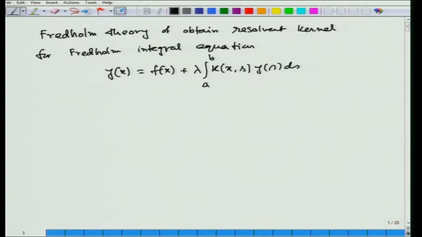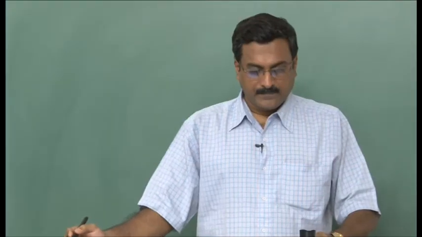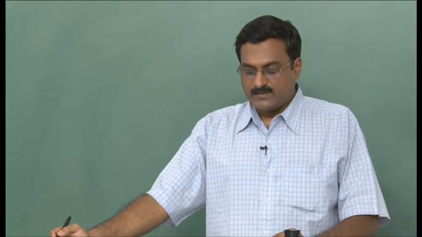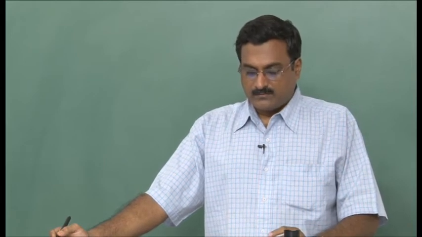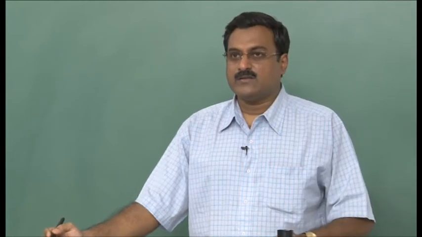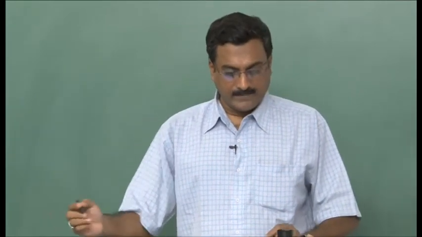Now, you can recall that we have already discussed other possible methods to solve this kind of integral equation, and also we have obtained the resolvent kernel to find the solution of this non-homogeneous Fredholm integral equation of the second kind. But here we are going to discuss the method introduced by Fredholm, which comes out to be the ratio of two infinite series that actually constitute the resolvent kernel.